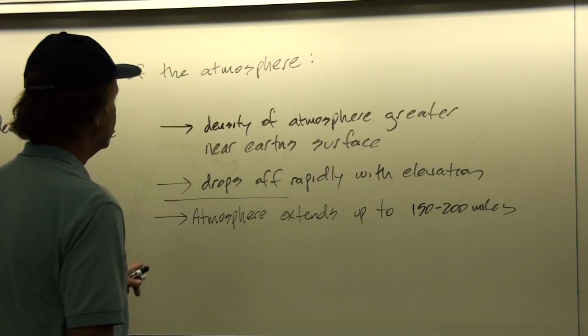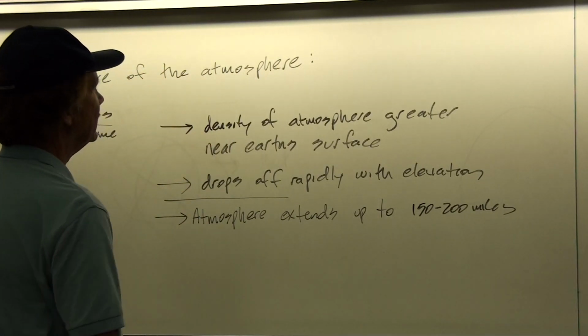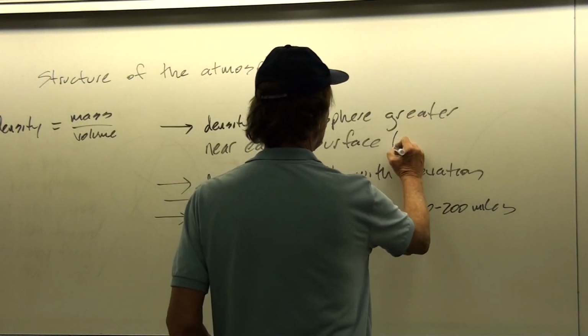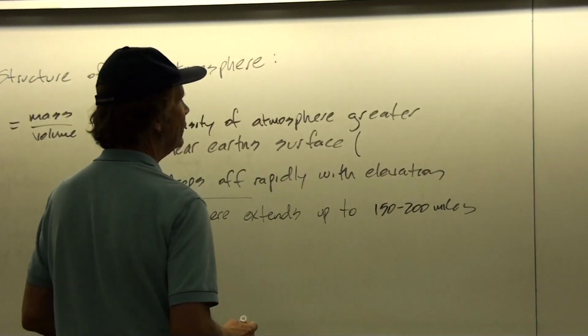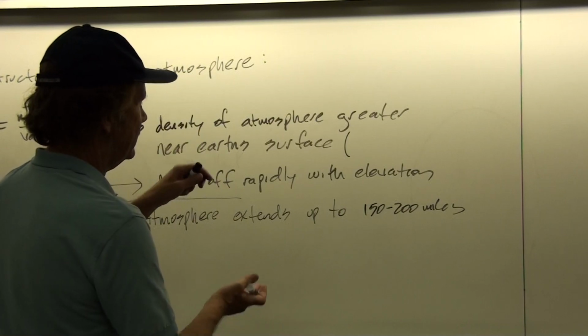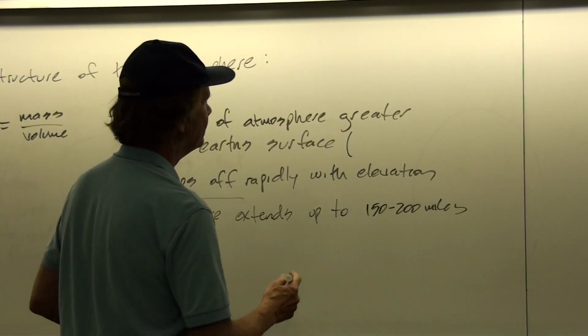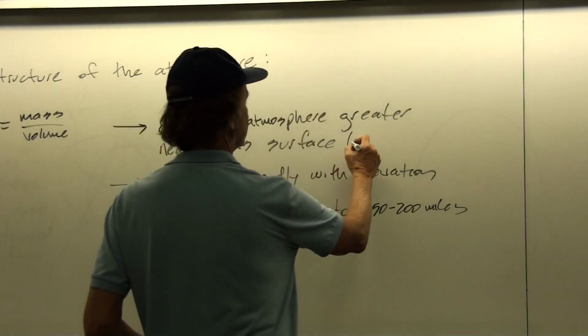Okay, and so the reason why the density is greater near the Earth's surface is due to the fact that there's more weight pushing down on the near surface atmosphere due to the weight of the upper atmosphere.